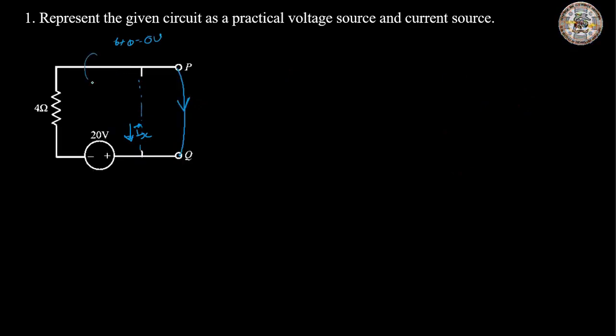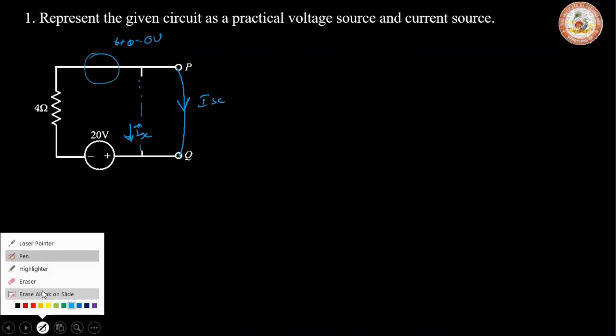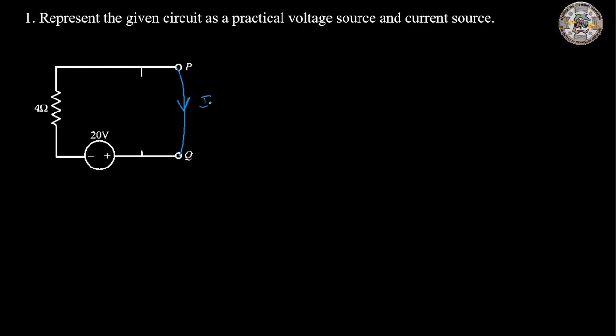So we have short circuited the dependent voltage source. Why? Because 6 ohms is appearing parallel to the short circuit current ISC. Thus there's no effect of 6 ohms, and thus there's no flow of current through 6 ohms. Thus your dependent voltage source goes to 0. Now for this circuit diagram is what we must find our ISC.